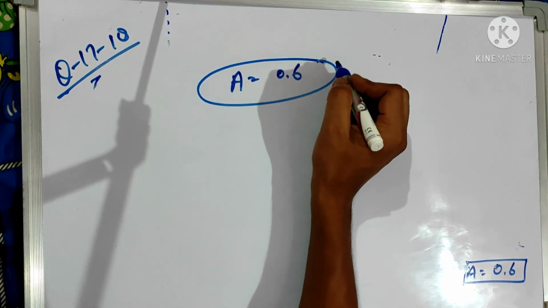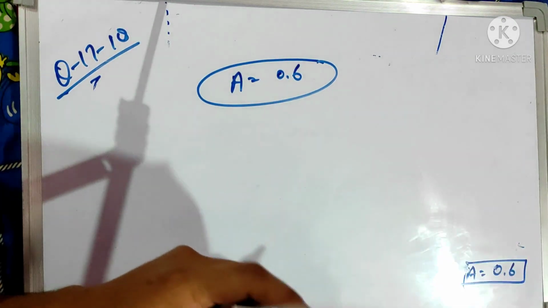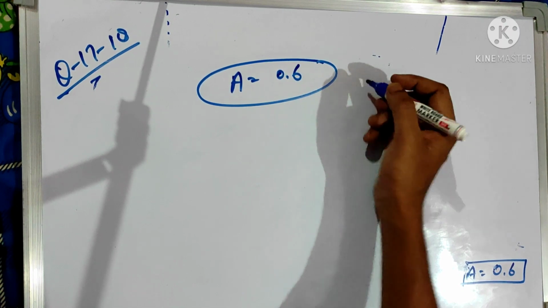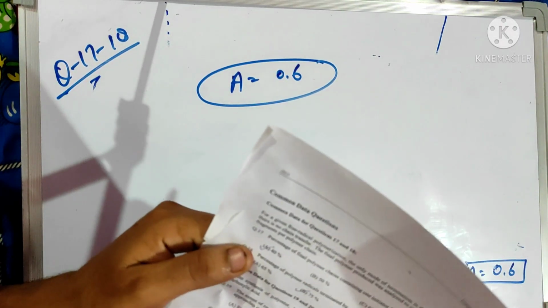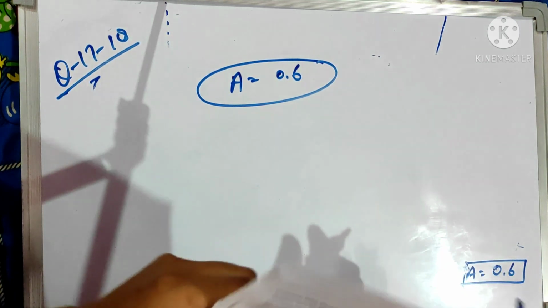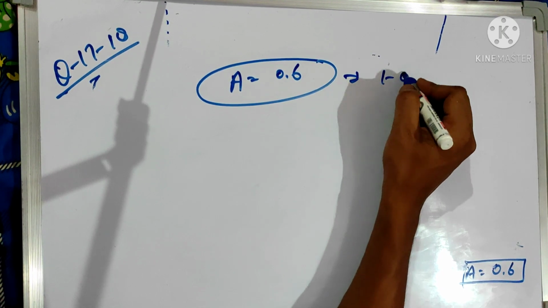This is the fraction of polymer chains containing two initiator fragments. Then question number 17 asks the percentage of the final polymer chains containing one fragment. For one fragment, it is 1 minus 0.6.